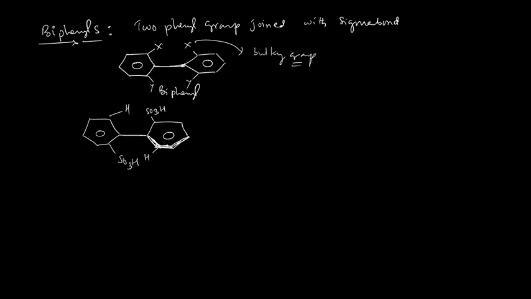Half of the part is below the plane, half of the part above the plane. Twisted type. It is above the plane. Now it is below the plane. Now it is on the paper plane.